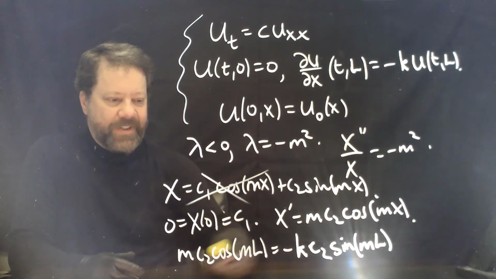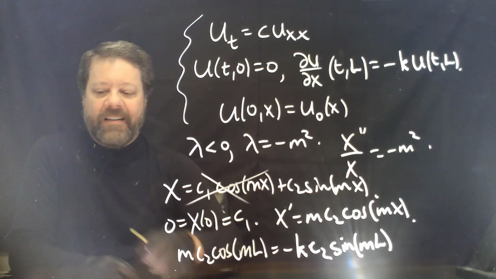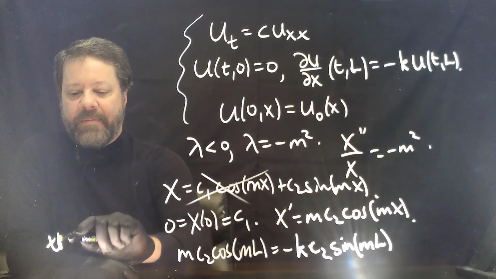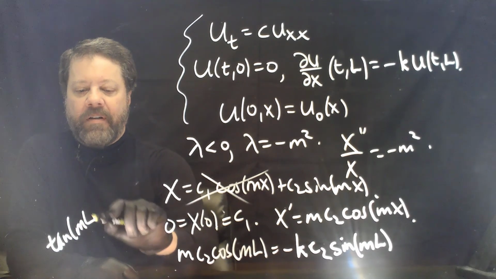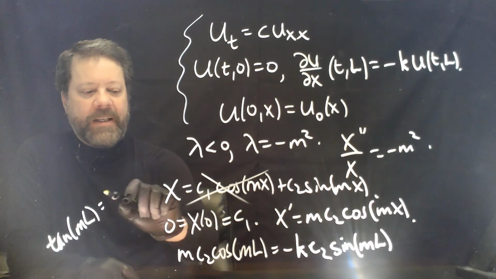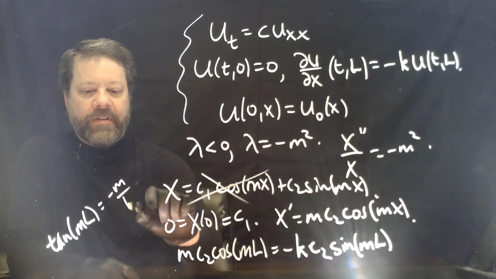So either c2 is 0, or again, we'll have some complicated relationship involving the tangent this time of ml. The tangent of ml will be negative m over k.